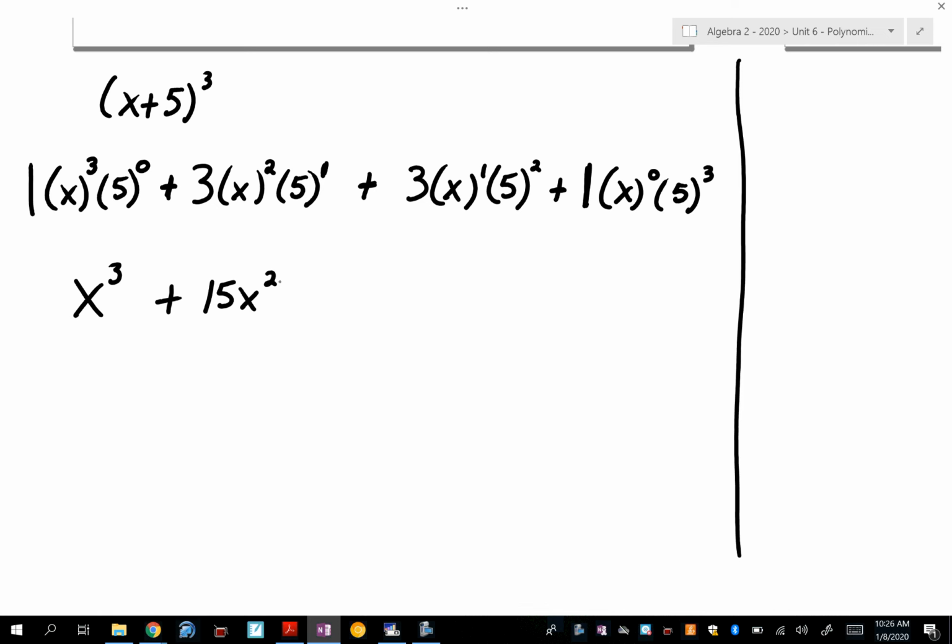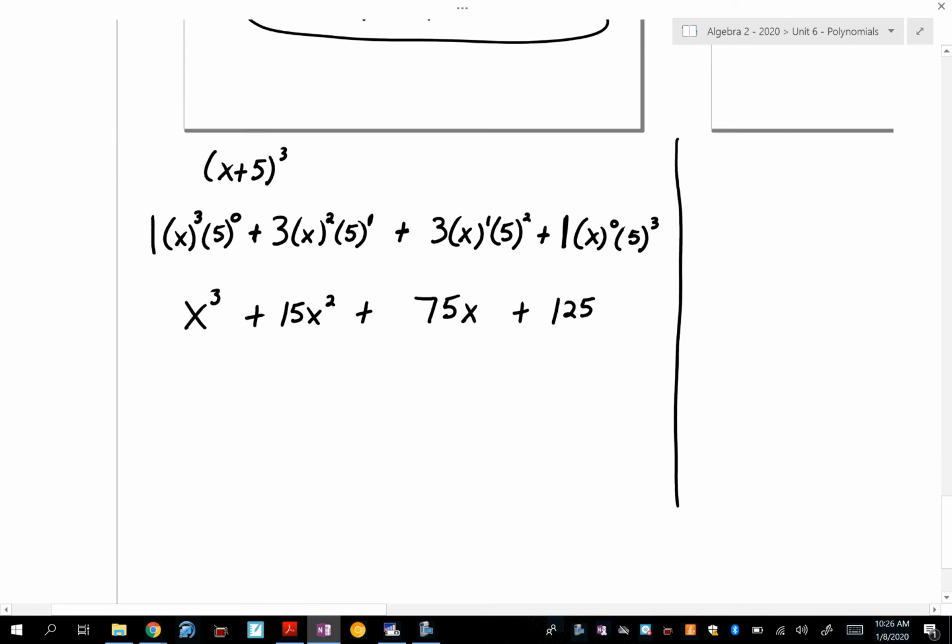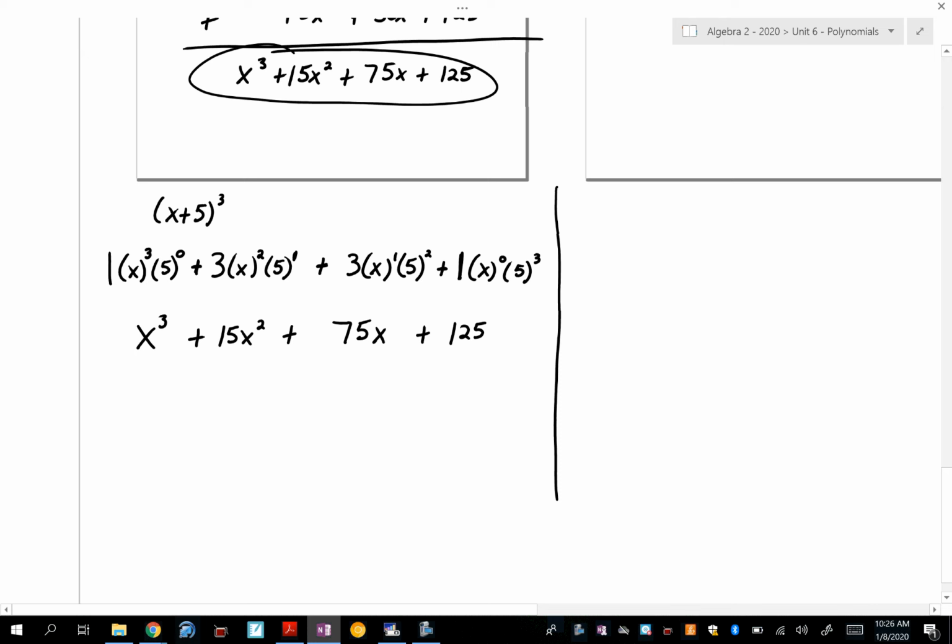What's 25 times 3? So that's going to be plus 75x. And finally, all of this is 1. What's 5 cubed? What's 5 times 5 times 5? Oh, man. Look at that. It's the same thing. Yes, again.